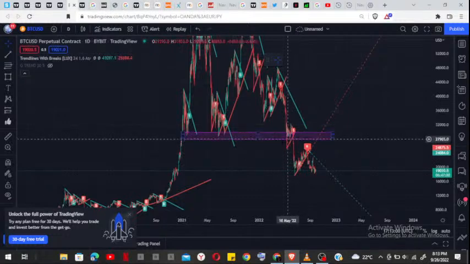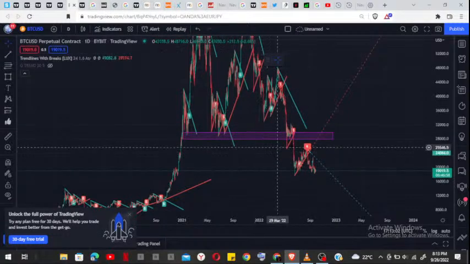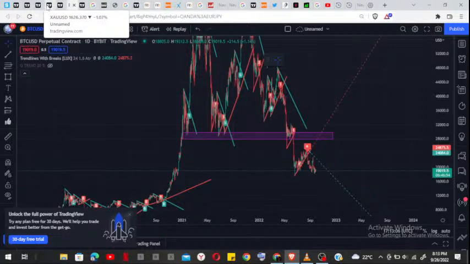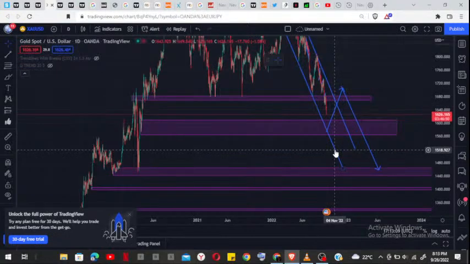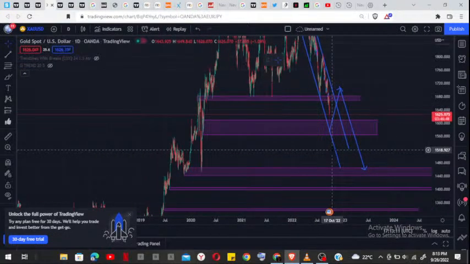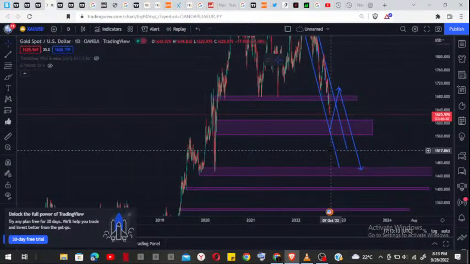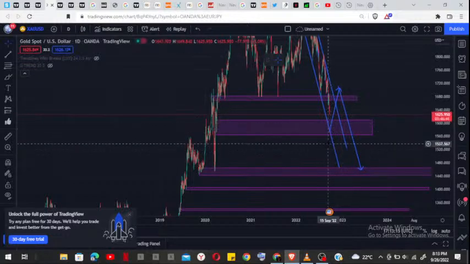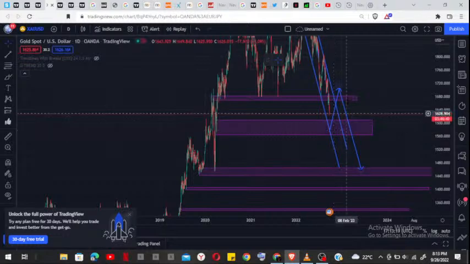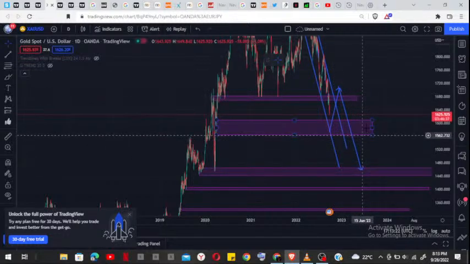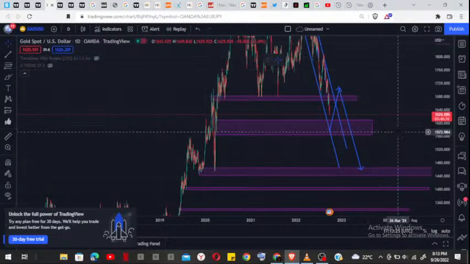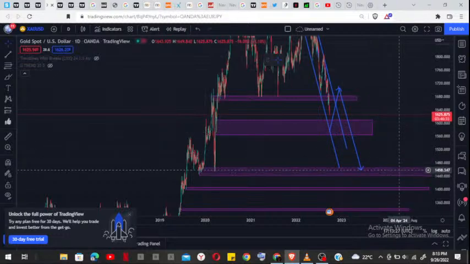So this is what might happen to gold. So this is BTC, this is gold. I'm expecting that it might drop to this zone over here, which is 1575, and we'll be able to see some pullback, and maybe the market might range for quite some time before actually dropping or maybe going up.